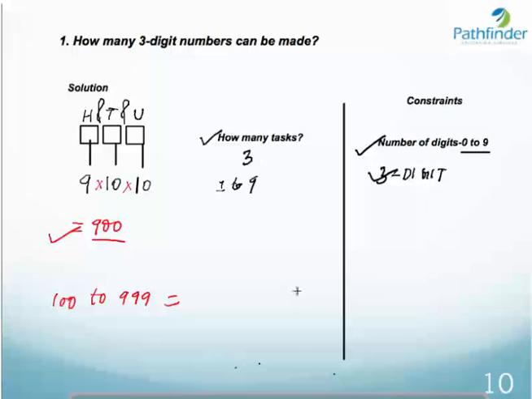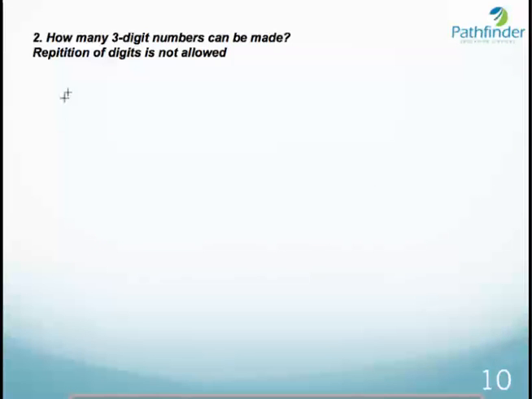So we saw how we applied the fundamental principle of counting and solved such a simple question. Now let us move to another similar question. So the next question, how many three-digit numbers can be made? Repetition of digits is not allowed. So here another constraint has been introduced.